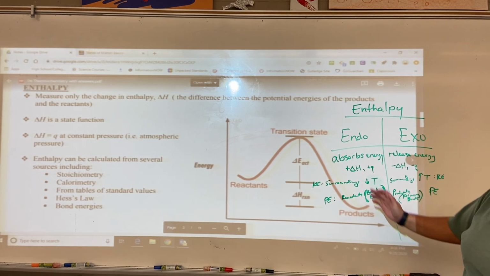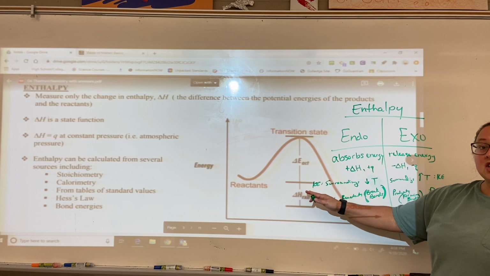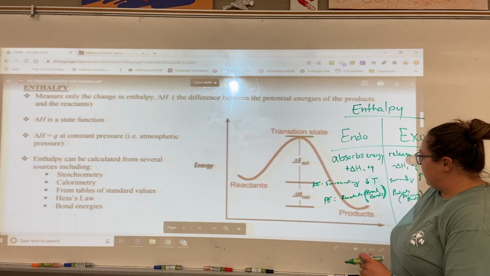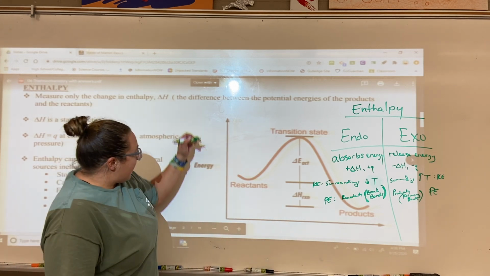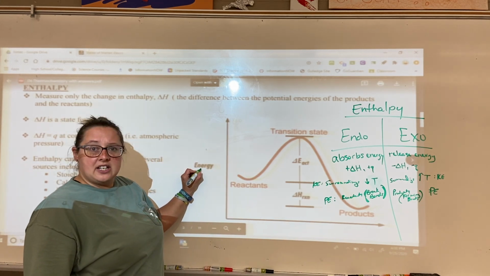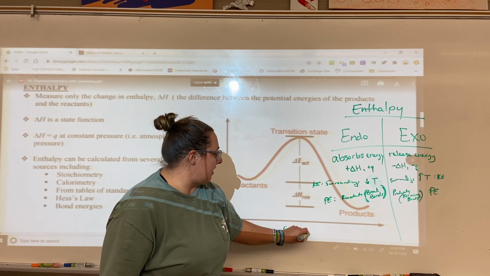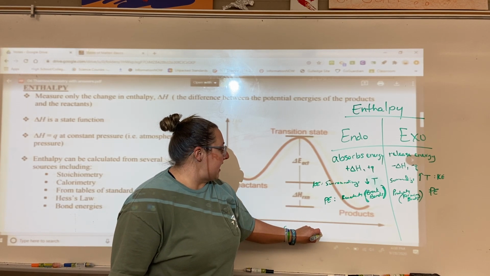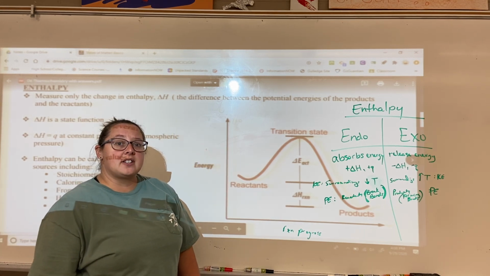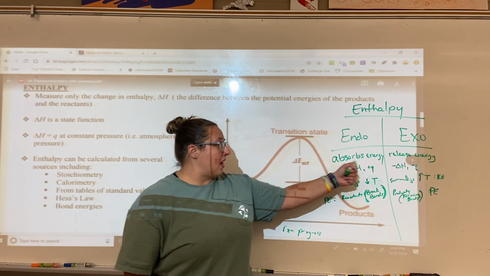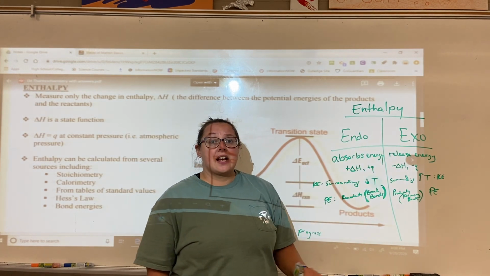Now, the very last thing I want to talk about here is what we call our potential energy diagrams. What we see here is a graph showing potential energy on this side and the reaction progress on this side. We can look at these graphs and determine if our delta H is positive or negative, and therefore if the reaction is endo or exothermic.